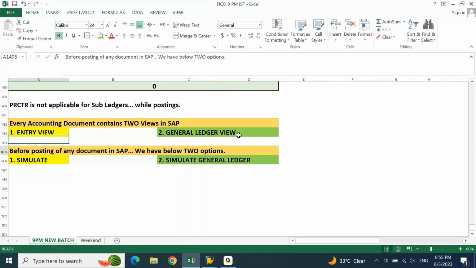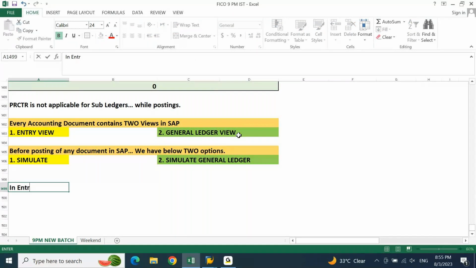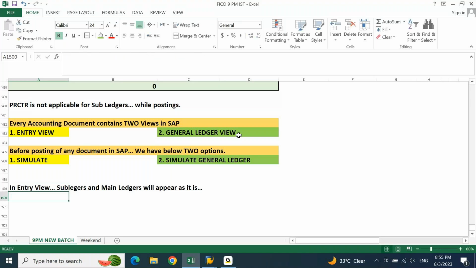In entry view, subledgers and main ledgers will appear as they are.